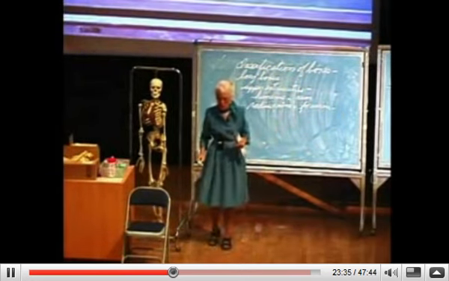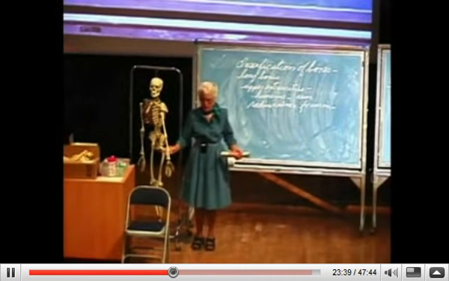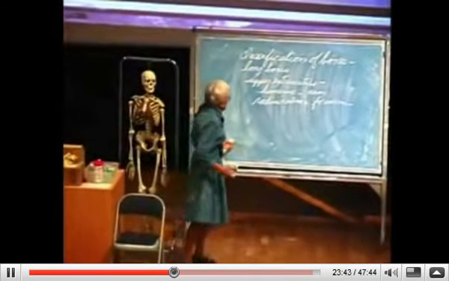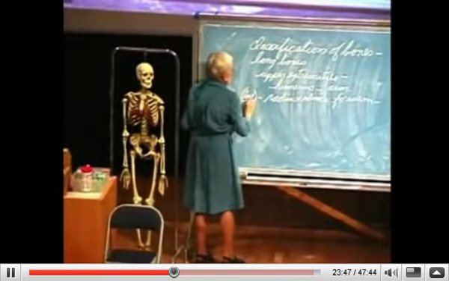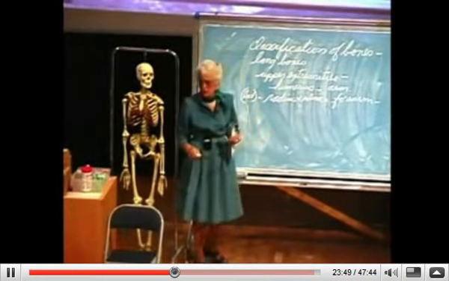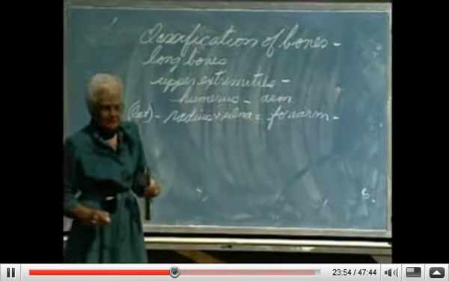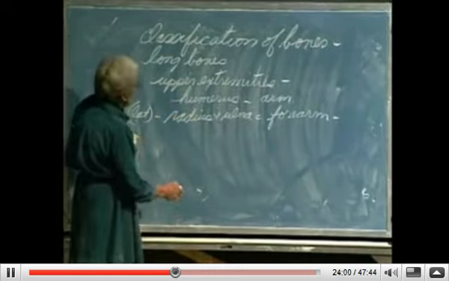Which is medial and which is lateral? The radius is lateral, right. Radius is lateral. Important to know. How many have broken a radius? No? Oh, one. Right. All right. Then we come on down to the palm. These are long bones.